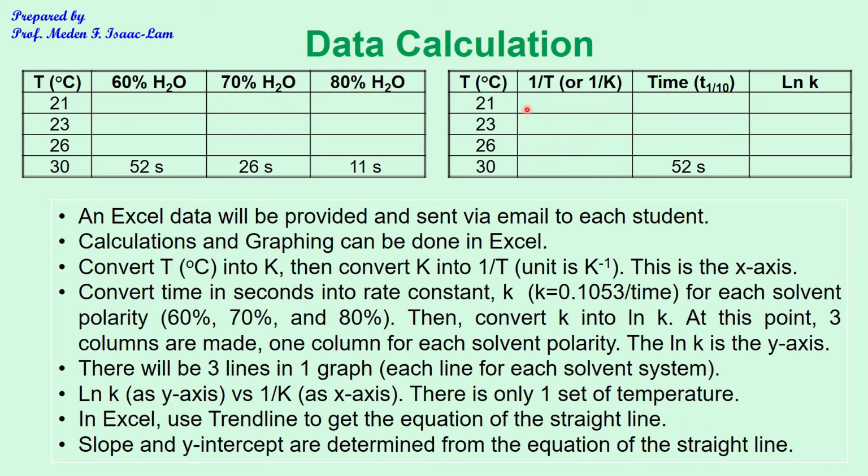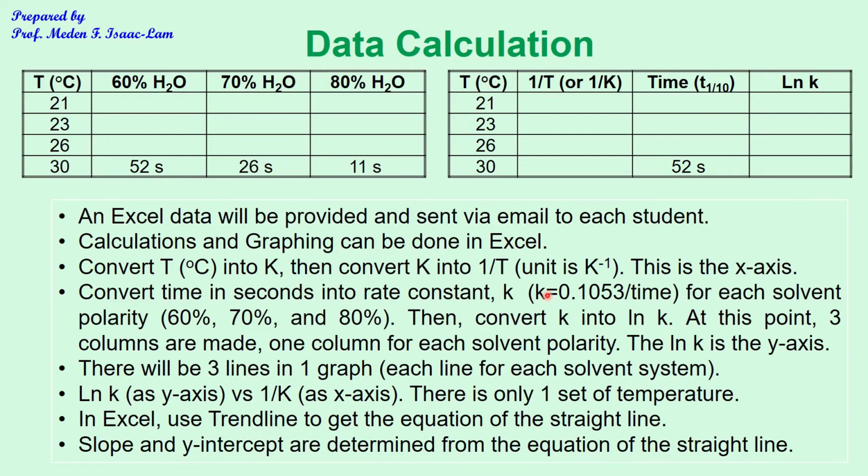So you will have 4 different points or 4 different data because you have 4 different temperatures. That becomes the x-axis.